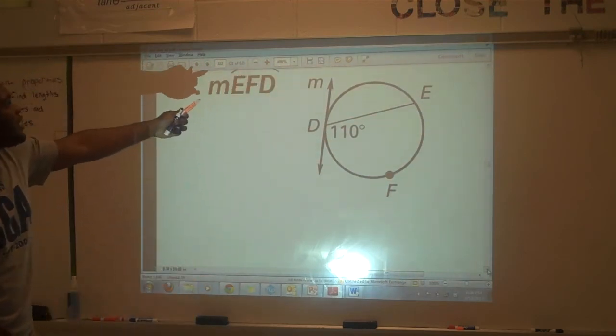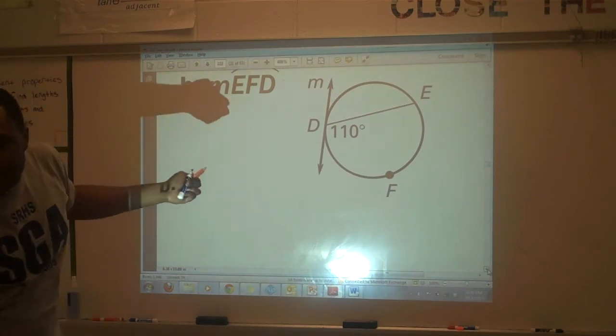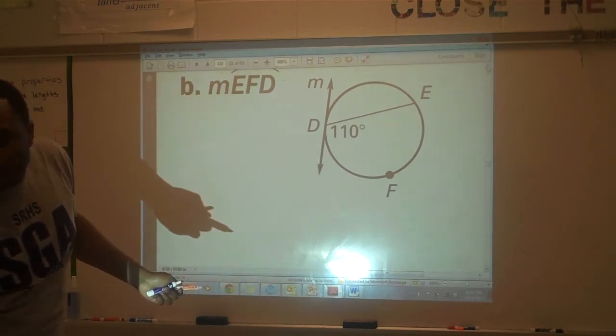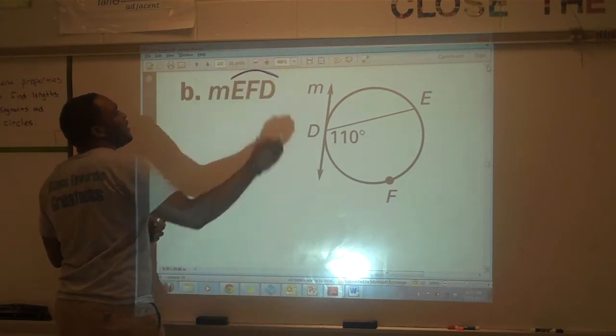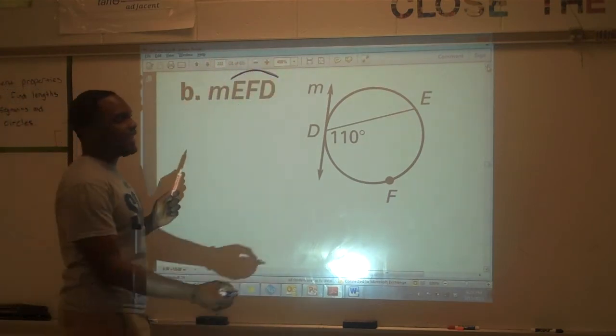Okay, so for part B, this time they want us to find an arc. They don't want us to find an angle. You can see this. They want us to find the arc measure of EFD.